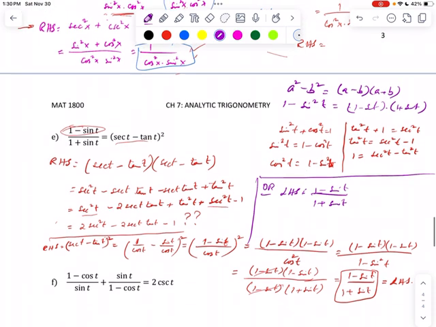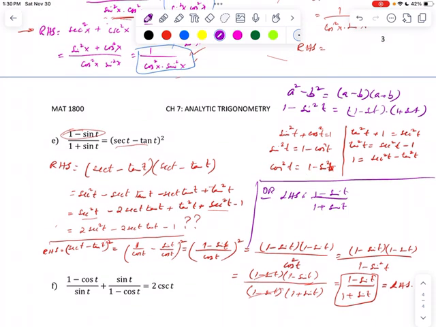So what I can do here, because we can multiply top and bottom by 1 minus sine t.